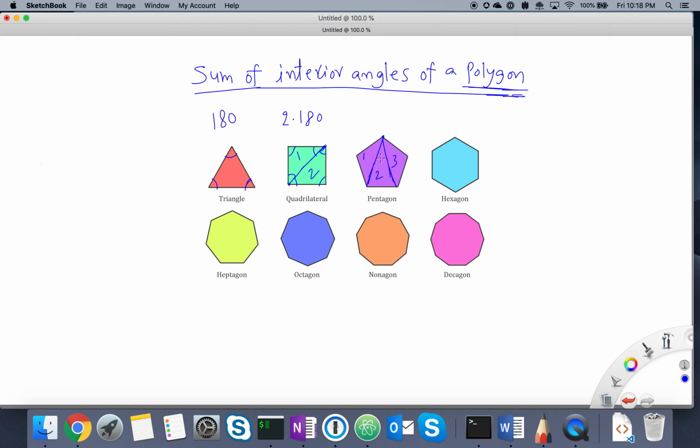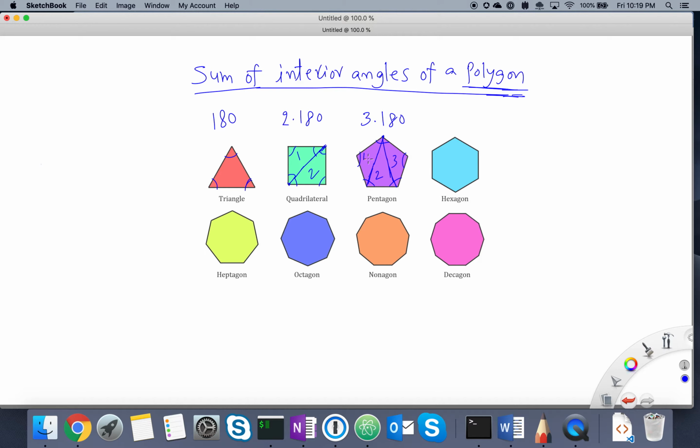I hope you understood what I mean by sum of interior angles here, these are all the interior angles. Because you're able to break this pentagon down into triangles, and we broke that into 3 different triangles, and we know that the sum of interior angles of a triangle is 180, so 3 times 180. And how many sides of the polygon are we talking about here? 5.